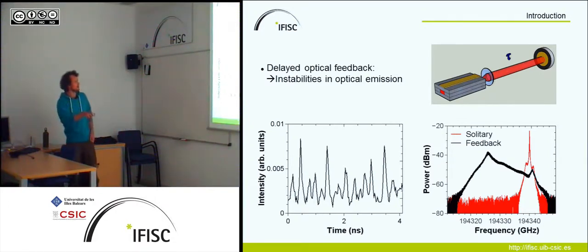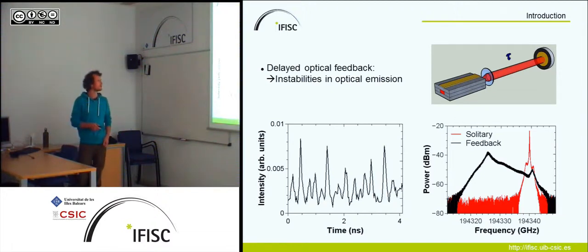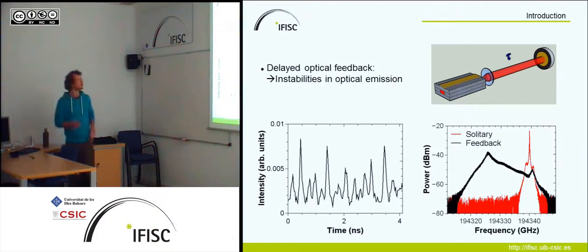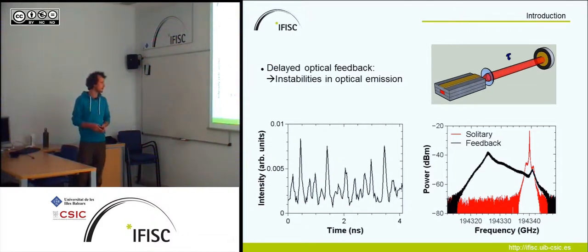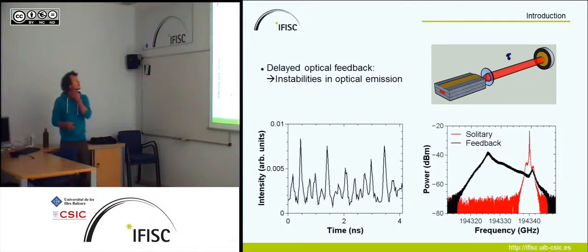Typically such a laser diode has very stable properties: a very narrow spectrum, so it emits at one frequency, and a continuous output power which doesn't vary a lot. As soon as you add a bit of delayed optical feedback, the output intensity suddenly changes into these fluctuations. The time scale on the x-axis is nanoseconds, so you really get dynamics on the tens of picosecond range or even faster. This is one of the first dramatic impacts such delayed optical feedback induces in this laser.